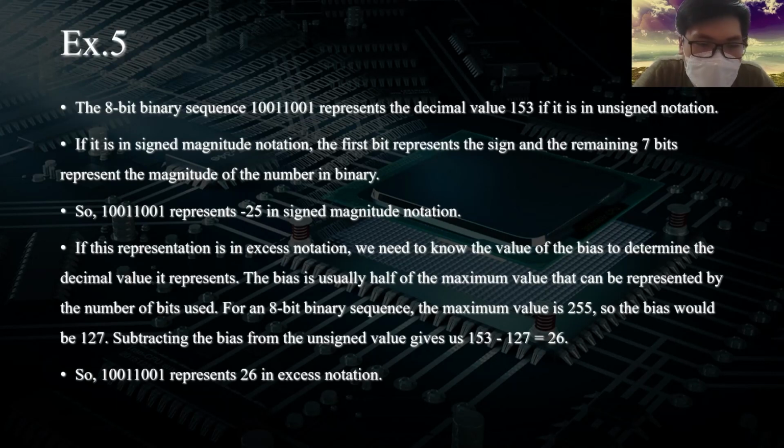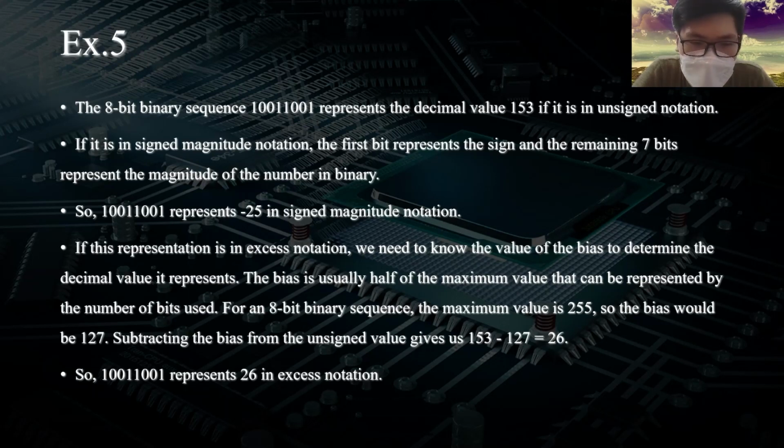If this representation is in excess notation, we need to know the value of the bias to determine the decimal value. The bias is usually half of the maximum value that can be represented by the number of bits used. For an 8-bit binary sequence, the maximum value is 255, so the bias would be 127.